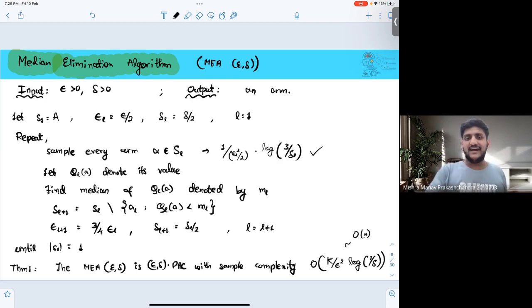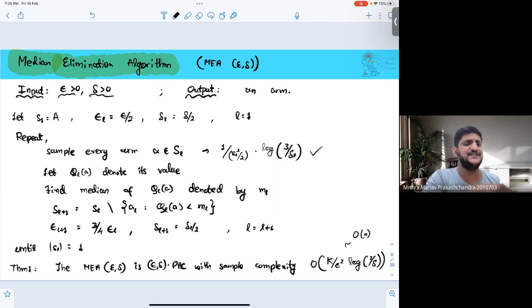But again, this algorithm claims that the probability of making that error is at most delta. Delta is the probability of making an error. So here delta is actually an input to the algorithm. My epsilon tells me how close I want to be to the true solution, and delta tells me with what error probability I want to be close to the correct solution.